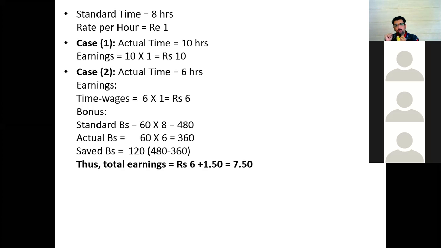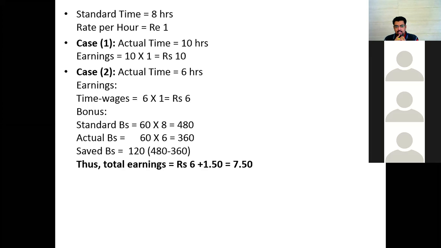Then case 2, actual time is 6 hours. Then earnings, time wages are 6 into 1, which is rupees 6, but I mentioned the 75% bonus. If the person finishes the given work within the time, they will get 75% of the bonus points or amount from the overall total earnings. So here total earnings is 6. Got it?